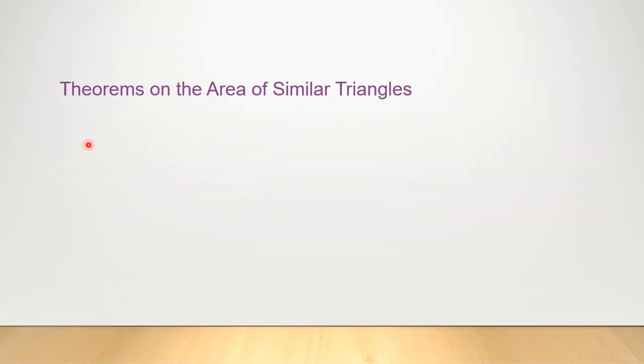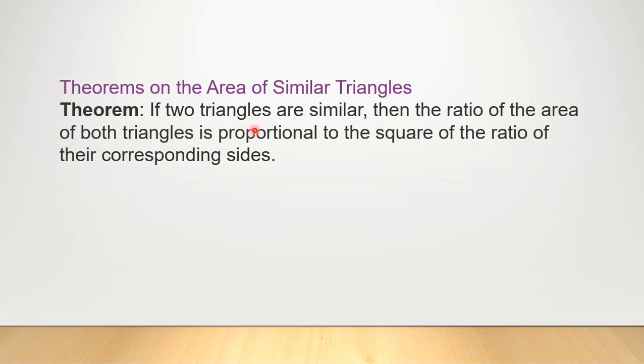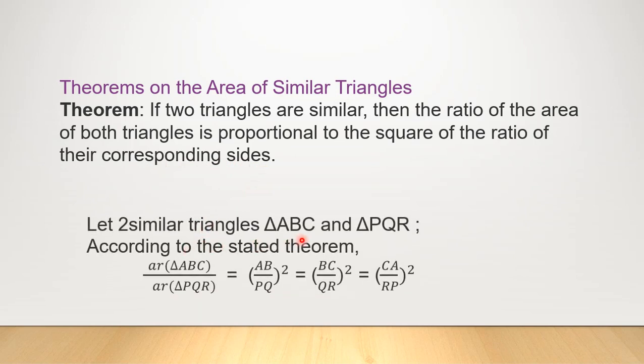So there is a theorem which says if two triangles are similar, then the ratio of the area of both triangles is proportional to the square of the ratio of their corresponding sides. The meaning of this: when we have two triangles ABC and PQR and they are similar, we get area of triangle ABC upon area of triangle PQR is equal to (AB upon PQ) whole square, is equal to (BC upon QR) whole square, is equal to (CA upon RP) whole square.